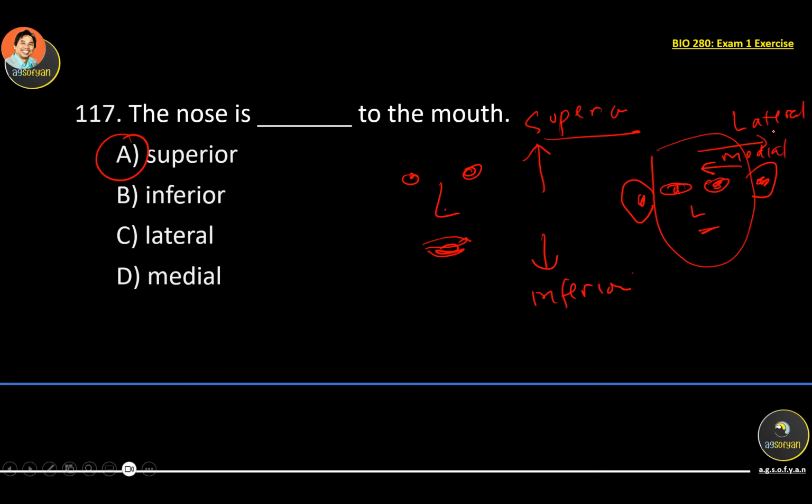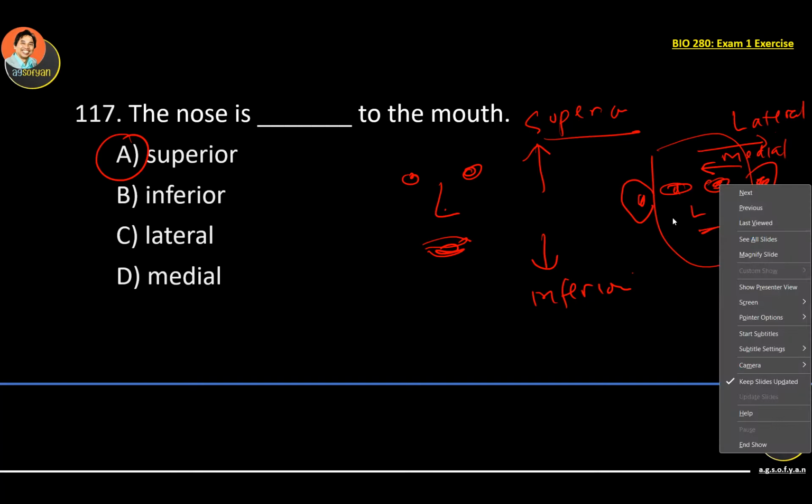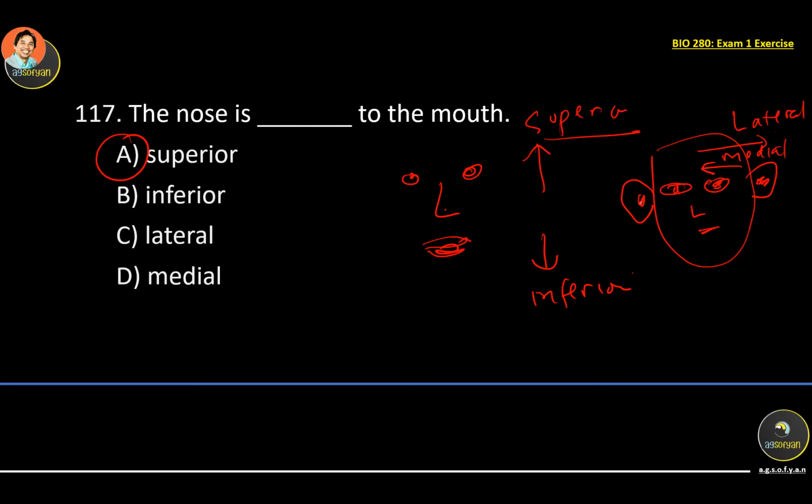So if the question asks you about the eyes and the ear, you can say the ear is lateral to the eyes. The eyes are medial to the ear. The nose is superior to the mouth, right? The mouth is inferior to the nose. I hope you understand that direction.